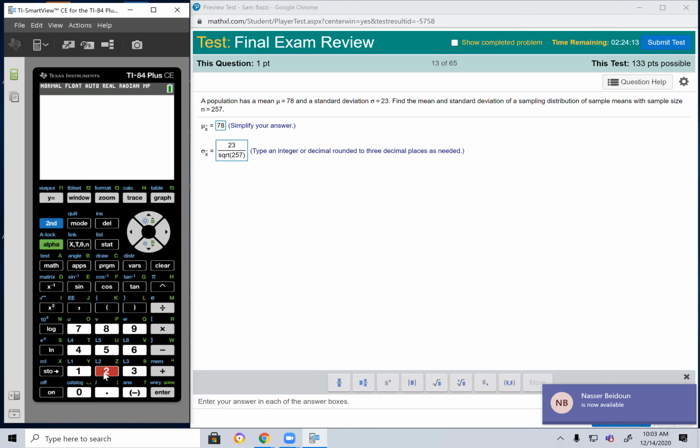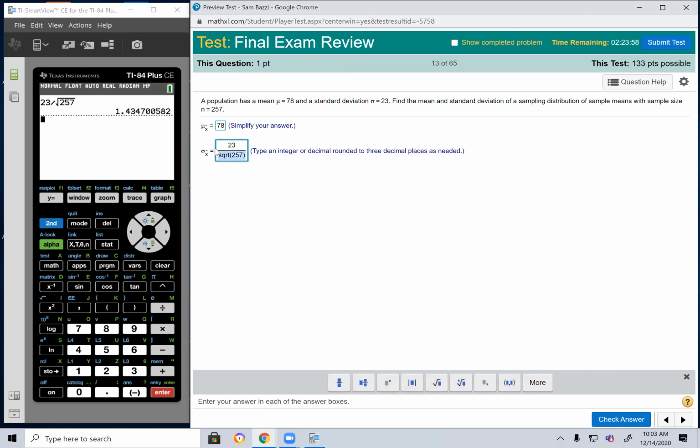So it will be 23 divided by, and the square root is right there, 257. So how many digits? He says 3 decimal places. So if you just want to put the answer, it will be 1.435. That would be the answer.